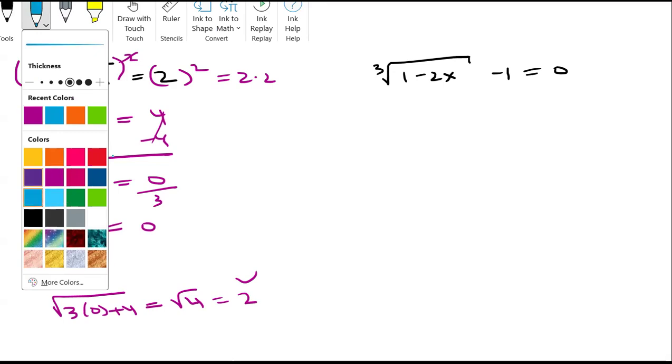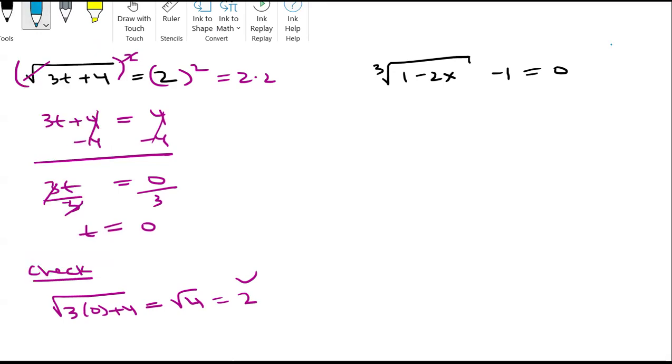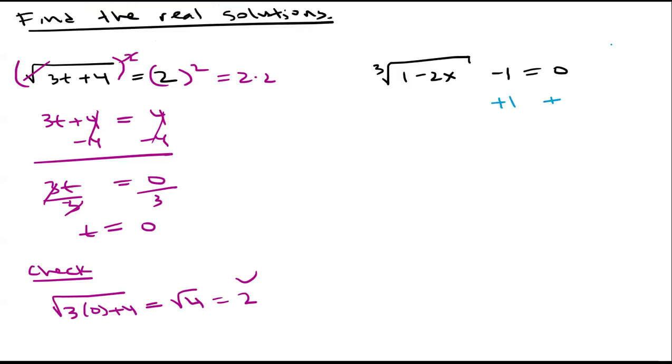in order for us to get rid of the radical, we have to get the radical by itself. So remember that. A lot of students tried to solve it the way it is, and they ended up not getting it correct. So the first thing we need to do is add 1 to both sides.